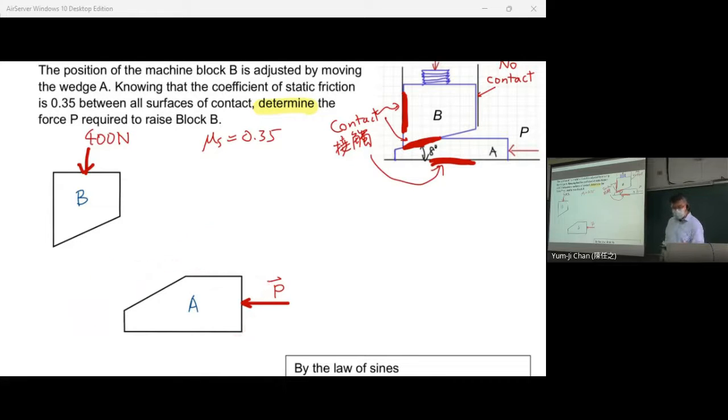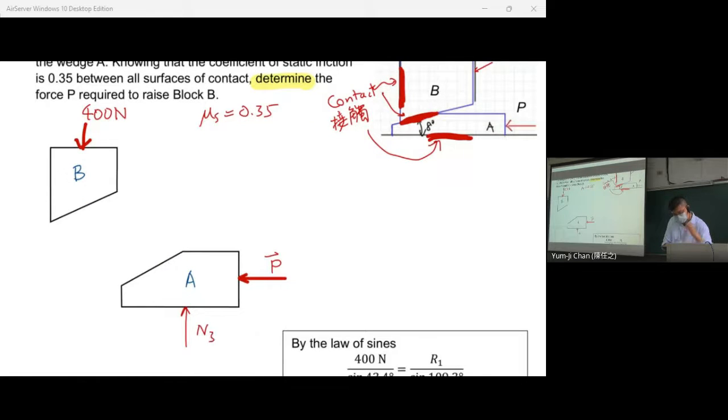So, of course, it is laid on the floor, so we have a reaction force here. Let me mark it as N3 here. But we know that we have mu S equal to 0.35. So there is friction on this floor. So we have F3 here.